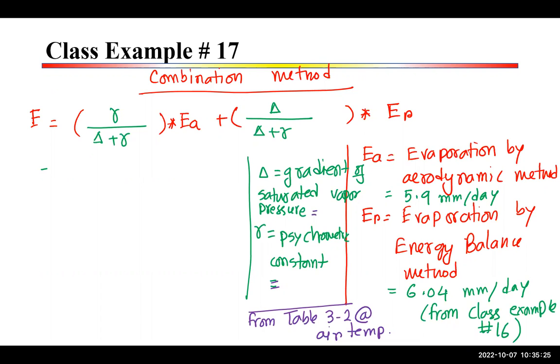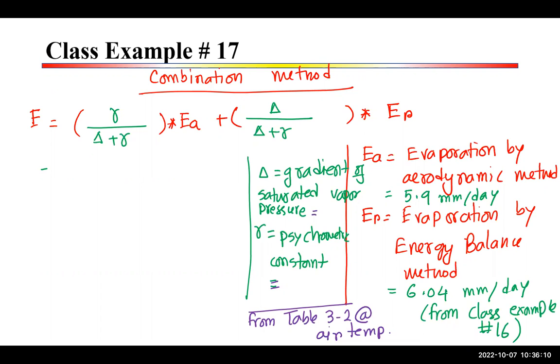Okay, so since it's the same question statement as class example 14, the answer should be 6 millimeter per day. That's correct. Let me check.